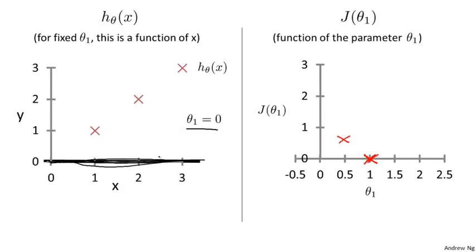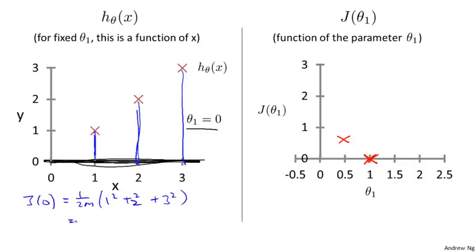And so measuring the errors, we have that j of 0 is equal to 1 over 2m times 1 squared plus 2 squared plus 3 squared, which is 1/6 times 14, which is about 2.3. So let's go ahead and plot that as well. We end up with a value around 2.3.